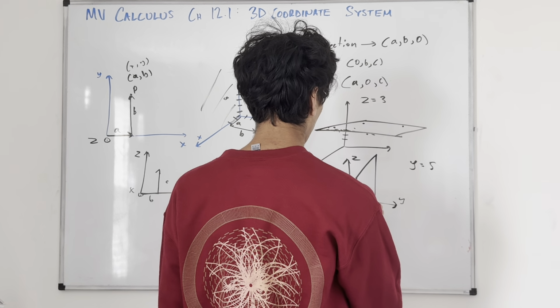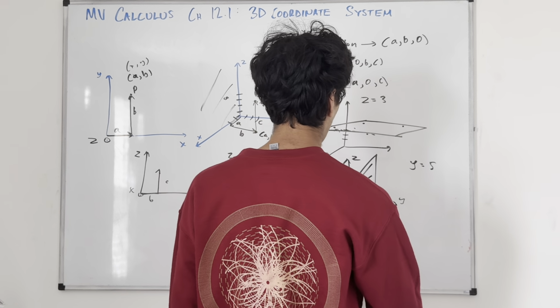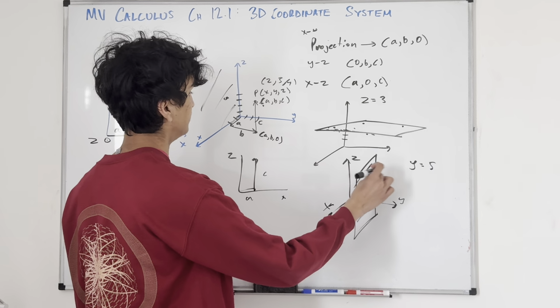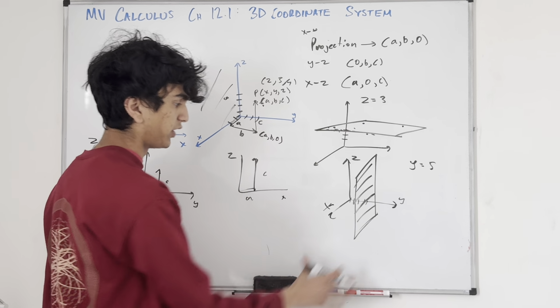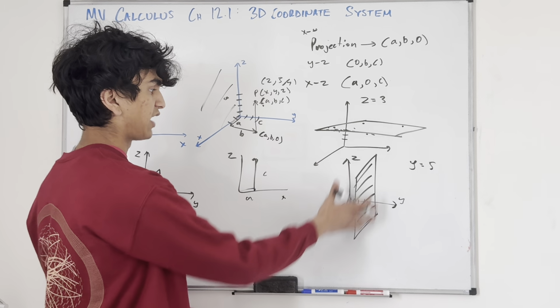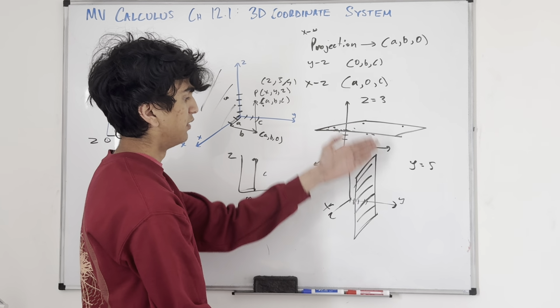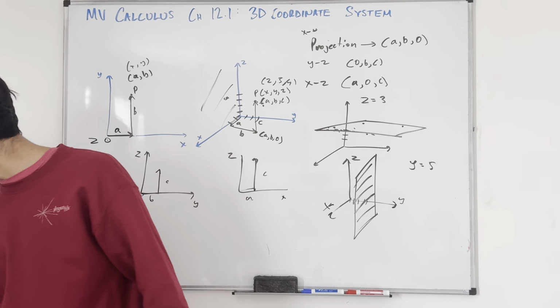So if this was 1, 2, 3, 4, 5, this plane is all the points that have a y value of 5. Even if your z value is -3, or your x value is 5, it doesn't matter. This is all the points that have a y value of 5. So it's another plane that stretches, parallel to the xz plane. Keep that in mind.